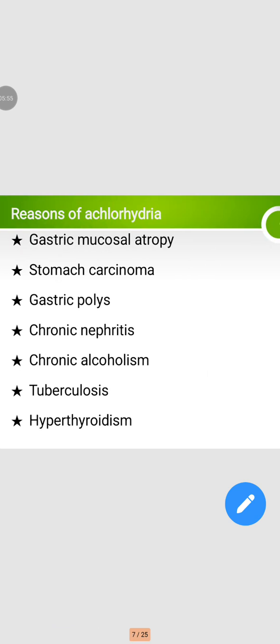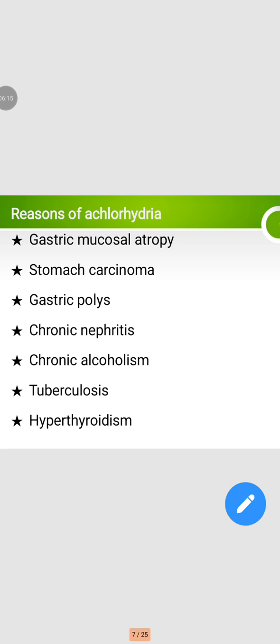Then some reasons for achlorhydria. First one is gastric mucosal atrophy. Second one is stomach carcinoma. Third, gastric polyps. Fourth one is chronic nephritis.